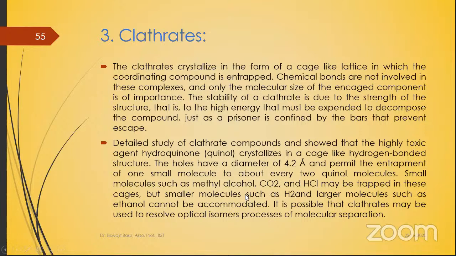Small molecules such as methyl alcohol, carbon dioxide, hydrochloric acid may also be entrapped in these cages, but smaller molecules such as hydrogen and larger molecules such as ethanol cannot be accommodated. So it is possible that clathrate may be used to resolve optical isomers, a process of molecular separation.